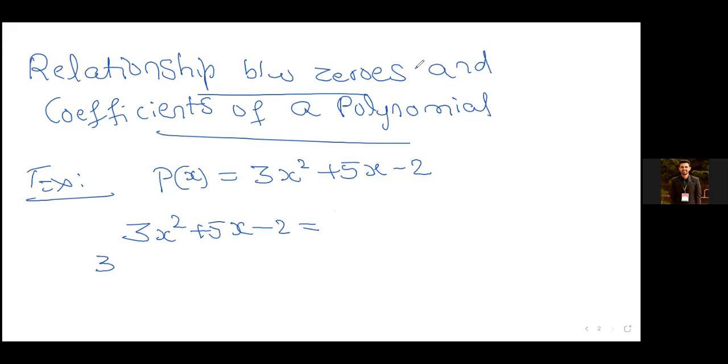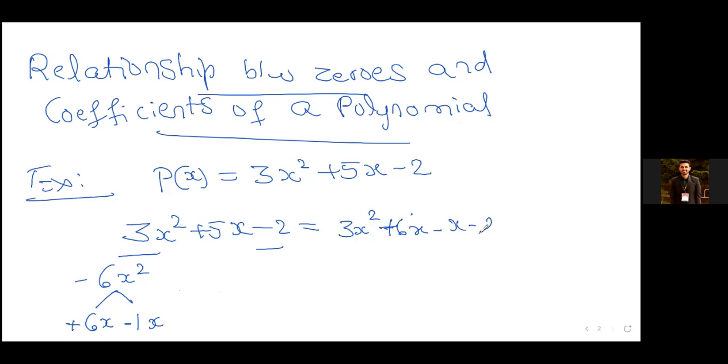We look at these terms: 6x square can be written as 6 into 1, so this is plus 6x minus x minus 2.